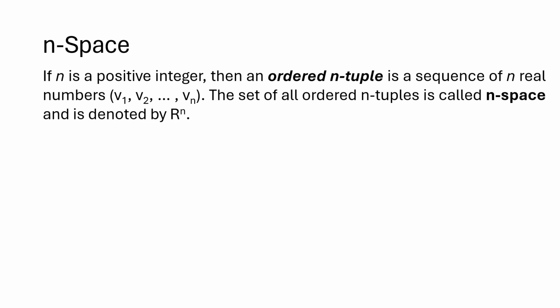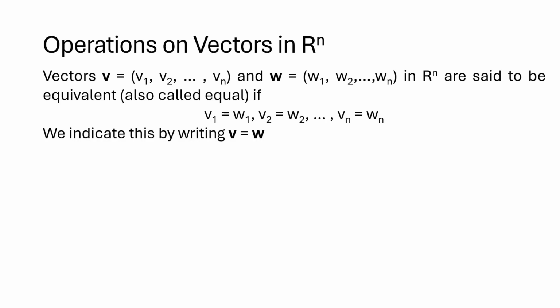So let's have the operations on vectors in R raised to n. Our next goal is to define useful operations on the vectors of R raised to n. These operations will all be natural extensions of the familiar operations on vectors in 2-space and in 3-space.